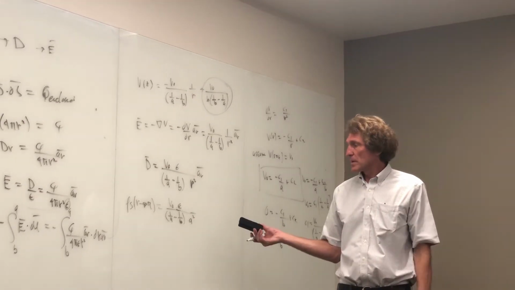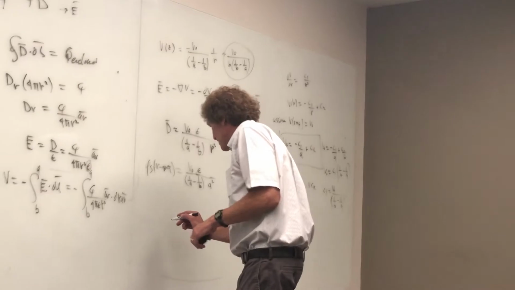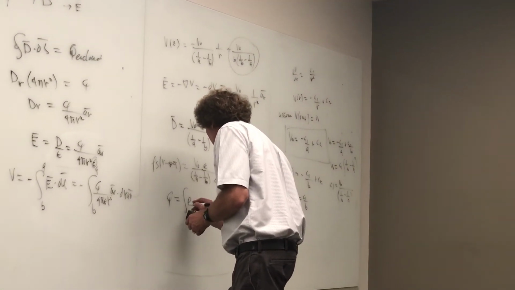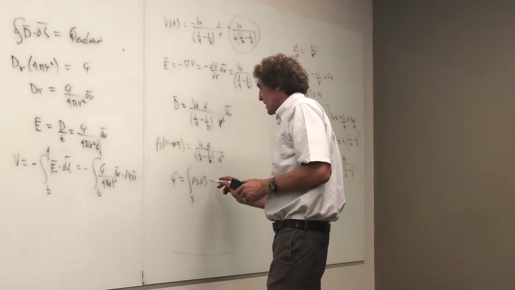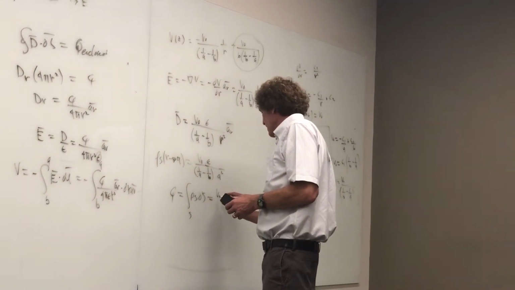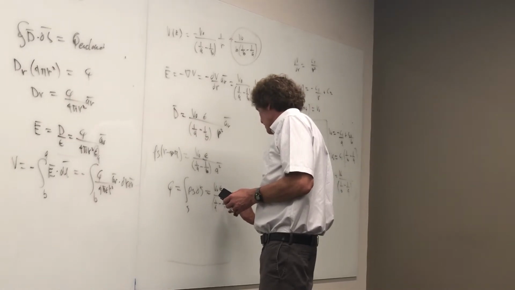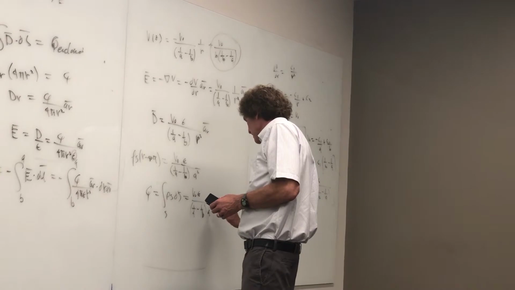Now at that point, if that's rho s, to get the total charge on the inner surface, Q, that would be equal to, technically it's the integral of rho s over the surface area, right? But in this case, I can just take rho s times the surface area. So it would be V naught epsilon over 1 over A minus 1 over B times A squared.